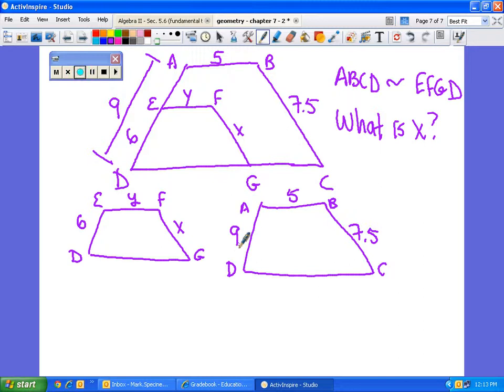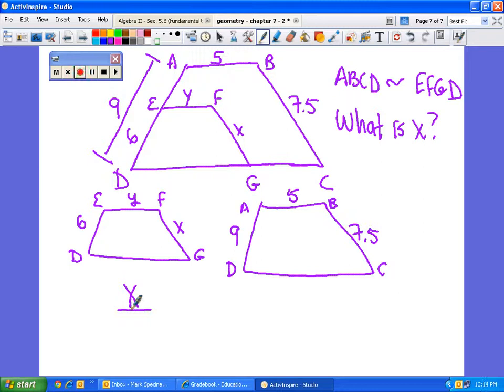I want to know what X is, so I know that X has to be in my proportion. This is very important. This is a place that students make mistakes all the time. When they're setting up their proportions, they don't stay consistent.